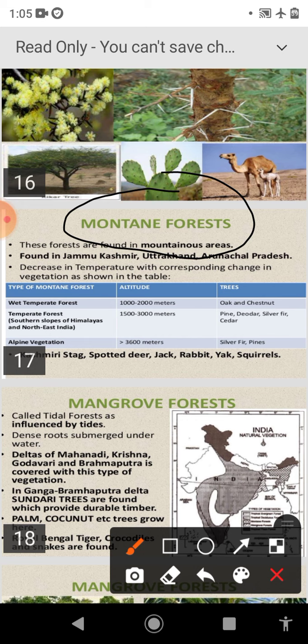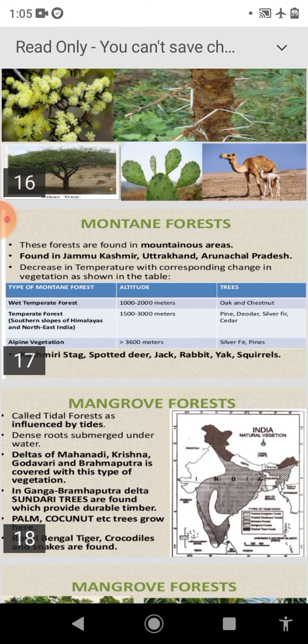At high altitude, generally more than 3600 meters above the sea level, temperate forests and grasslands give way to alpine type of vegetation. Silver fir, junipers, pine, and birches are the common trees of these forests.